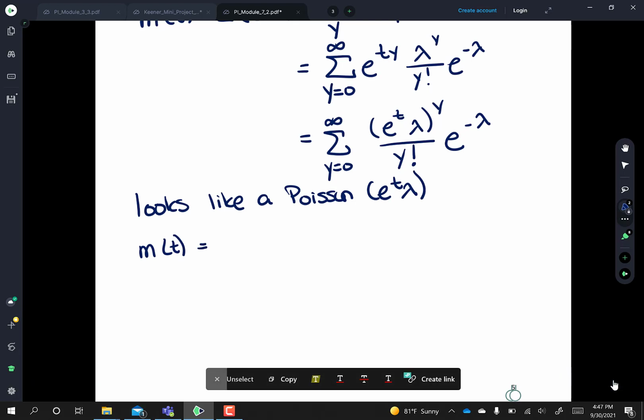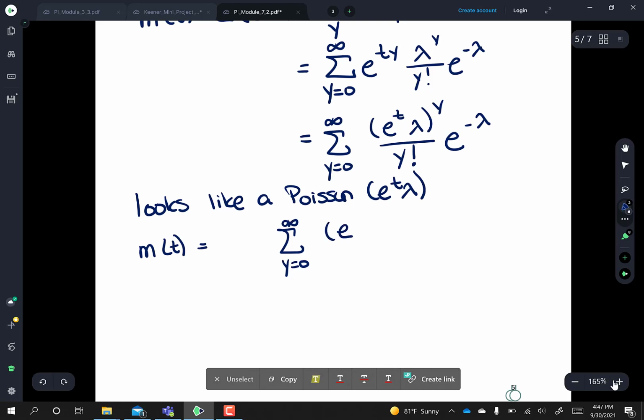I'm going to start with this piece that I have here: the sum from y equals 0 to infinity of e to the t lambda y over y factorial. Next, notice that the e to the negative lambda doesn't depend on y, so I can bring it outside the sum.